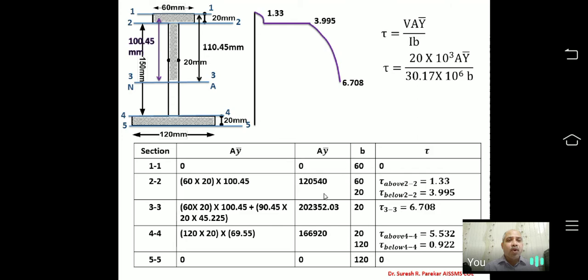Then at 4 4 I have 2 values. First value, just above 4 4, is 5.532 Newton per mm square. Then just below, this value is 0.922 Newton per mm square. And then we have this value 0 at 5 5. So we have this as shear stress diagram, which is always a parabola.